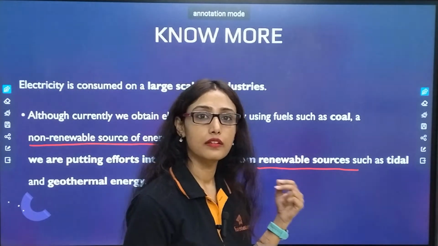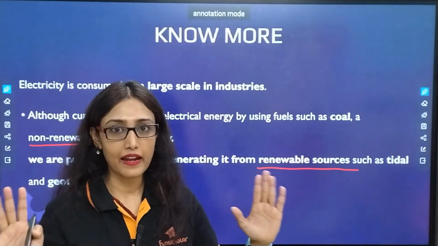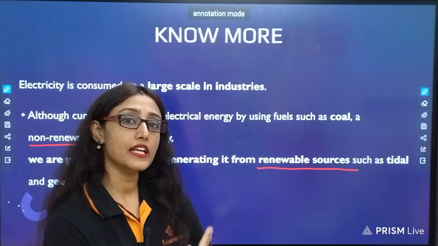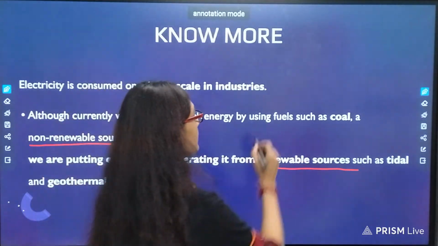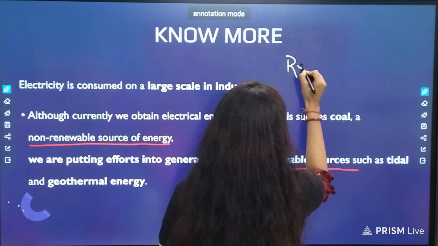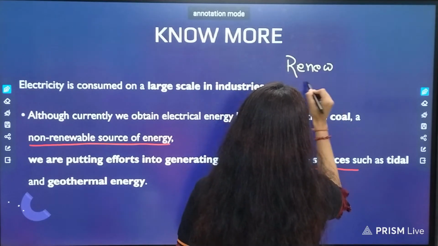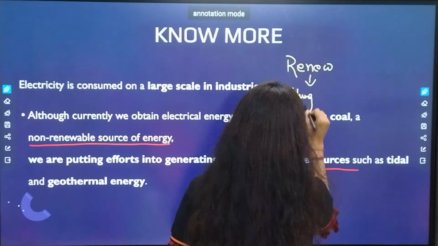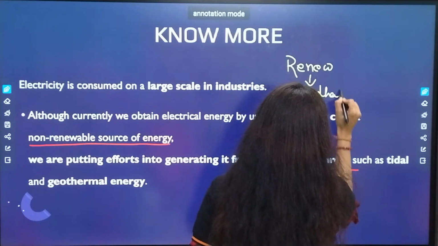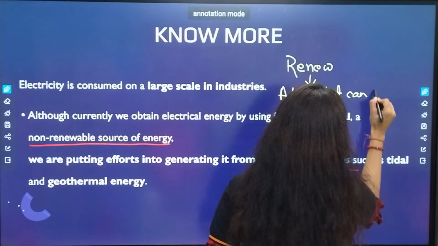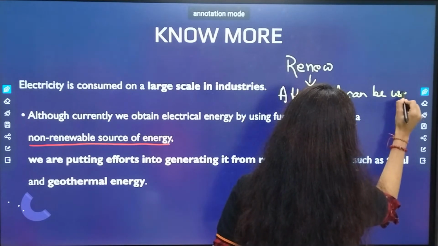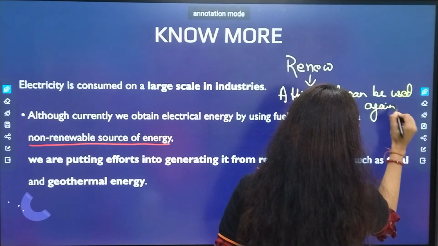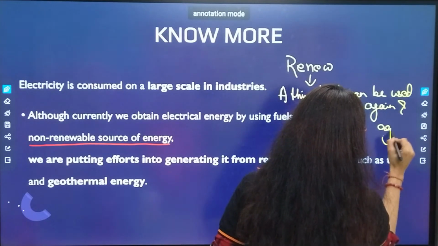Renew means, new means what? Something brand new. Okay, renew means you can use it again and again. Renew means a thing that can be used again and again.